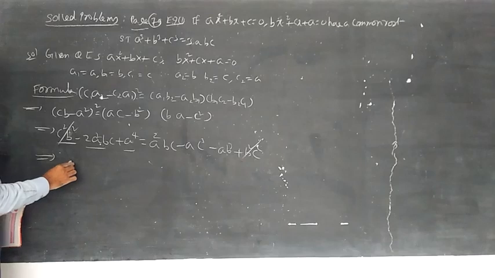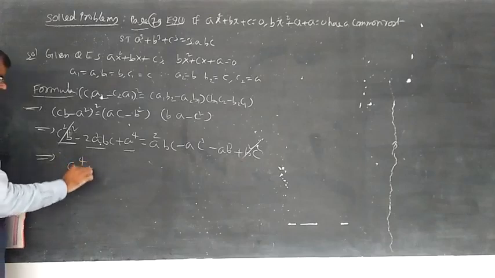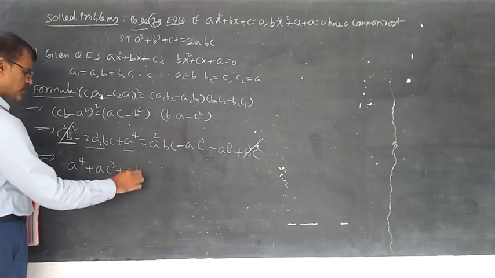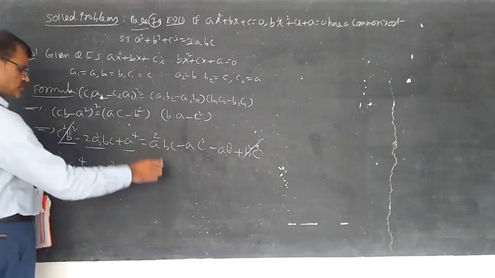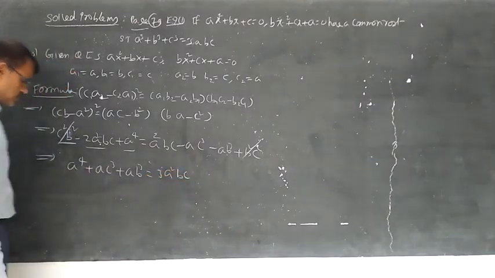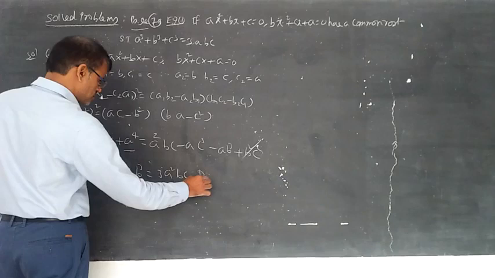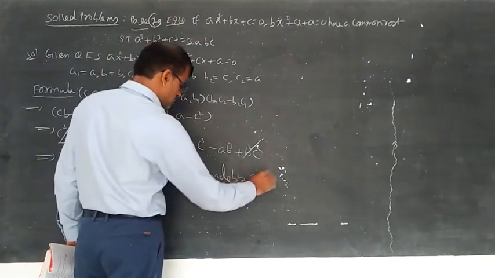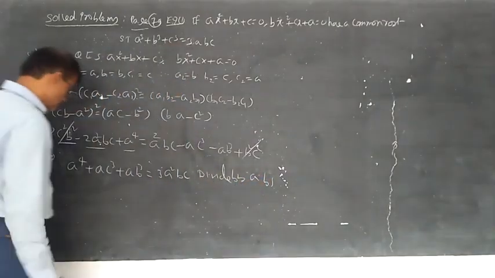That AC cube taken this side, we can write here a power 4 plus AC cube plus AB cube is equal to minus 2a square BC. Taken that side, it becomes 3a square BC. Now, better to divide by a on both sides.